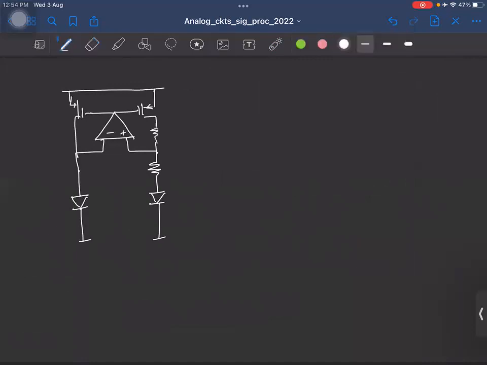Let us say you don't know anything about Bandgap, and for the first time you are encountering the circuit. How do you go about solving this? For any circuit, what would be the procedure you follow for solving it?